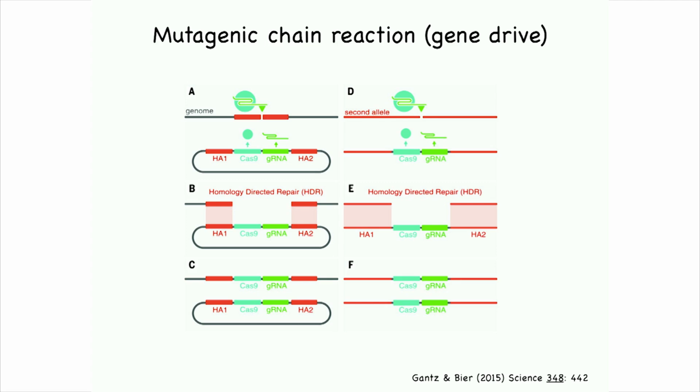So if this happens in one allele in a fly, when you mate to another fly, the incoming allele of that same gene is now a target for these reagents. And it'll get cut. The previously mutated allele is now a template for repair, and you can get that homologous repair and the Cas9 and guide RNA now integrated at the other allele.